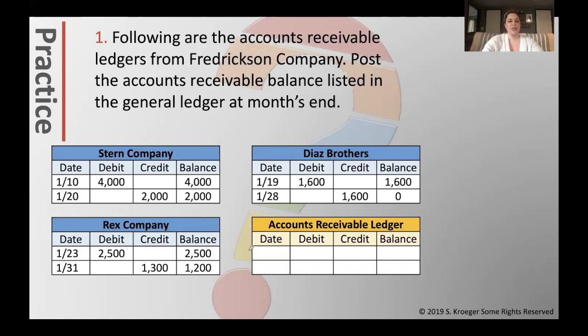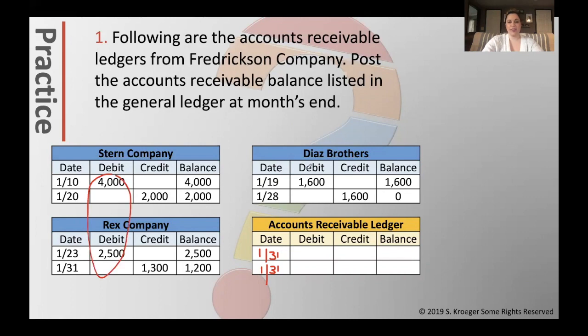Okay. First, it's going to be the last day of the month, right? So we're in the month of January. So what's the last day? The 31st. Good. Just like the last problem we had. So put in 131. What was the first step that we need to do? Add up all the debits.